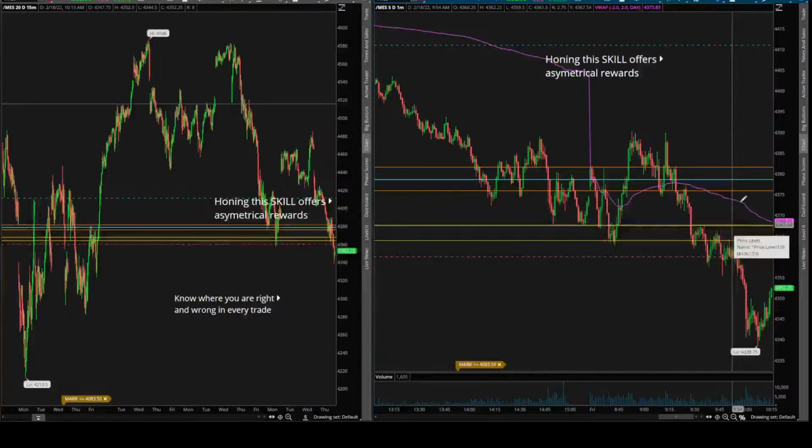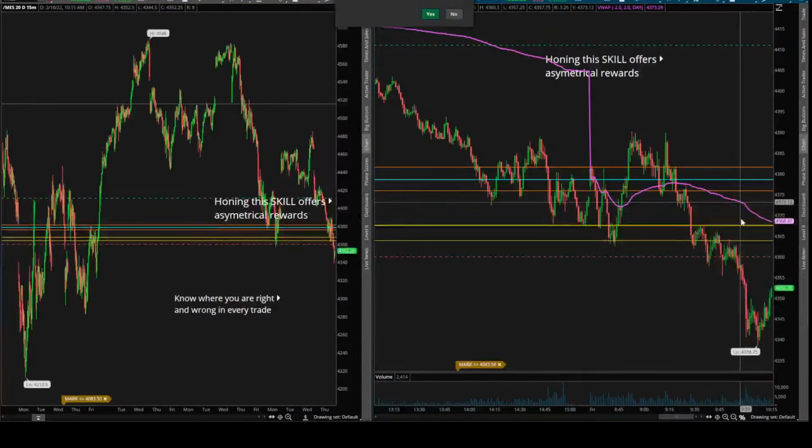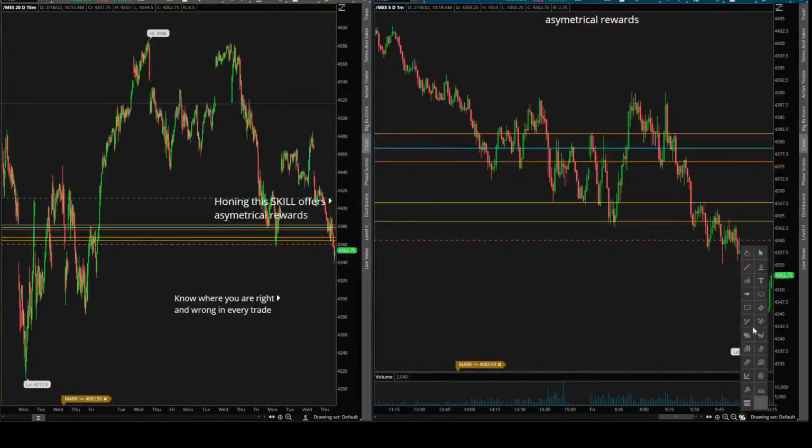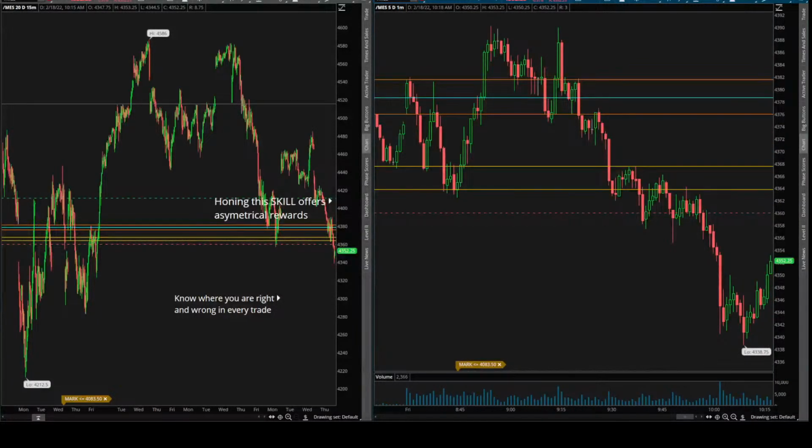At 68 level. All right, we'll remove that. Oh, getting some good movement here. All right. Who'd have thunk it? So 14,000 held in the NASDAQ.